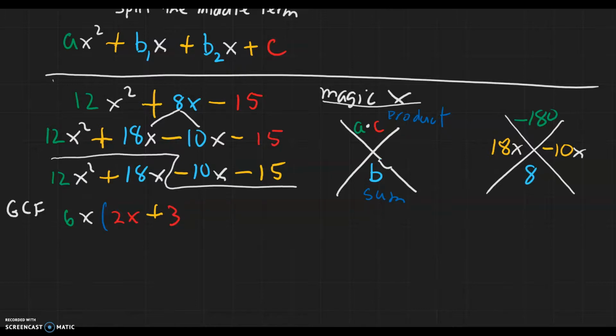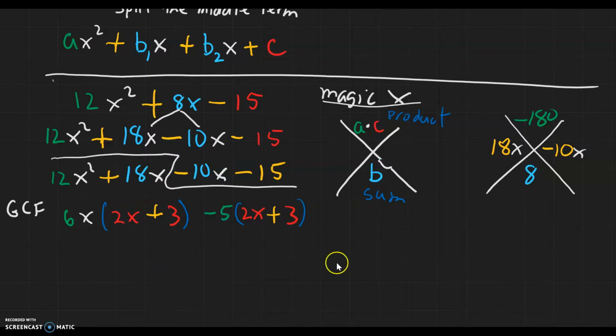Technically, what I'm doing here is factoring out the GCF of these 2 terms, but in order for this to work, if I have a 2x plus 3 here, I have to have another one over here. It has to be that way if it's going to work. So we have a 2x plus 3, and it turns out that 2 times negative 5 is negative 10, so I'll put a negative 5 here.